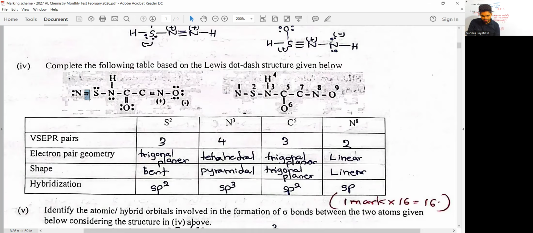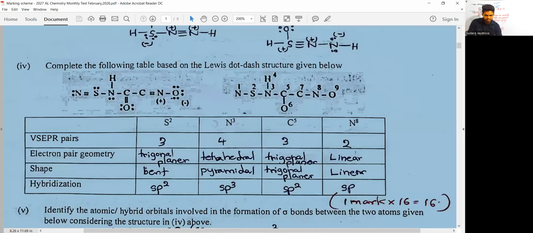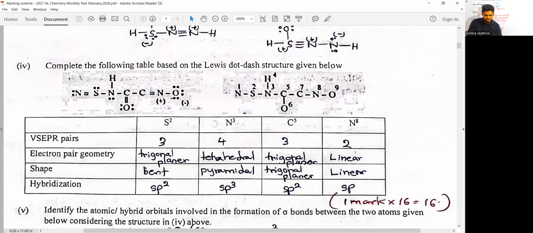Understood? If you take the nitrogen atom right here, you have only 2 repulsion units, a triple bond and a single bond. The triple bond is treated as one unit.